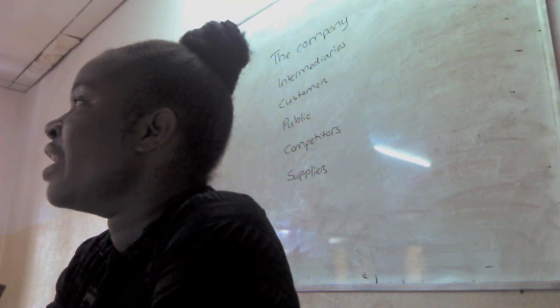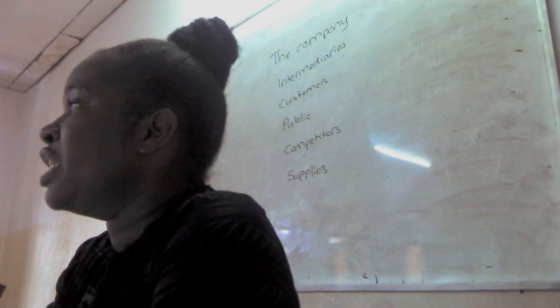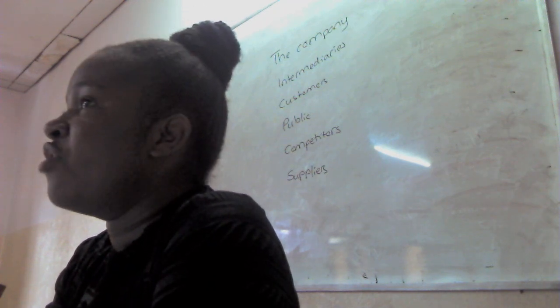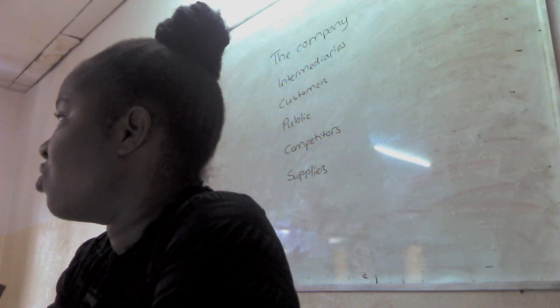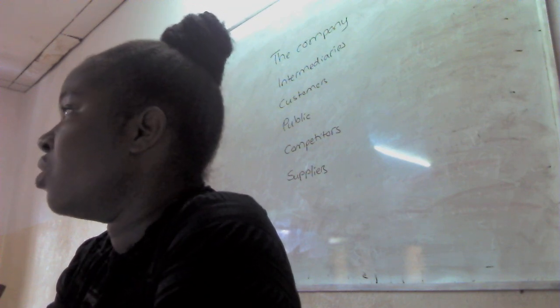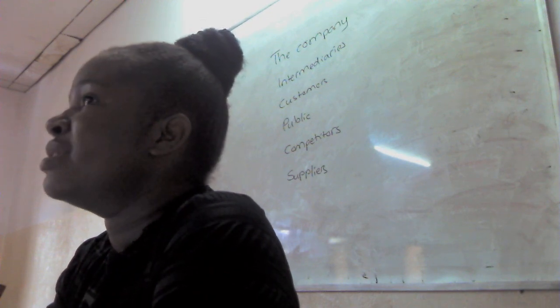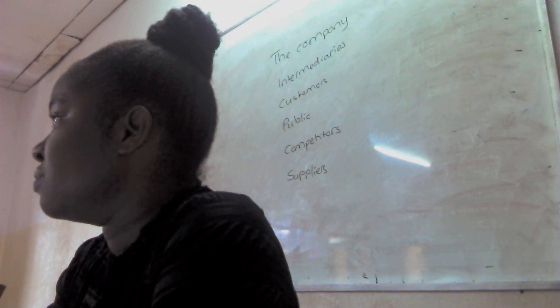So if you're going into the business where you'll be making mango jam, you need to look at the supply of mangoes. So if you're making mango jam in October where mangoes are not yet ready, it means your business will not run because the supply is not there. So before you start a business, you need to know about the availability of suppliers. Does that make sense?